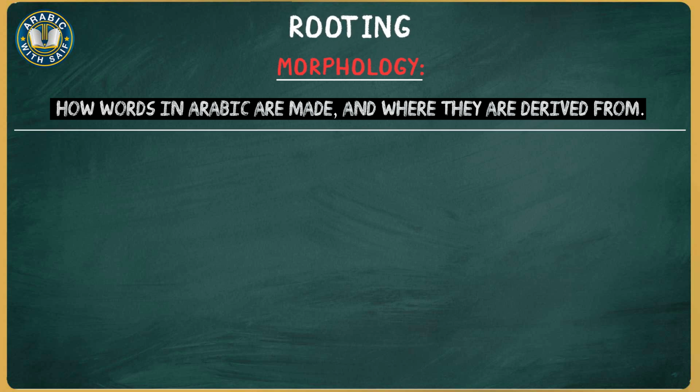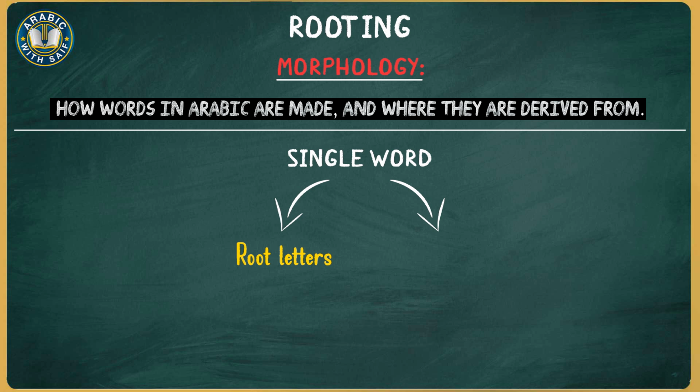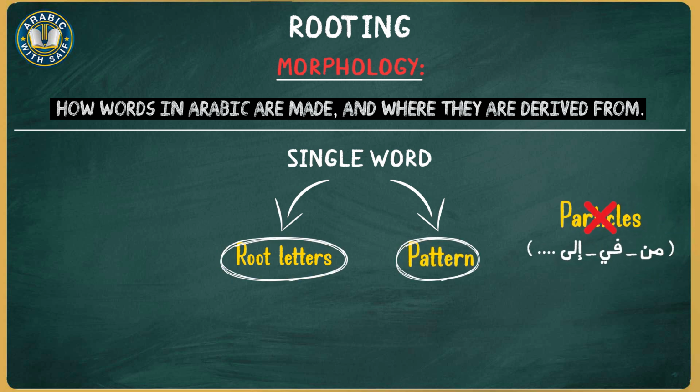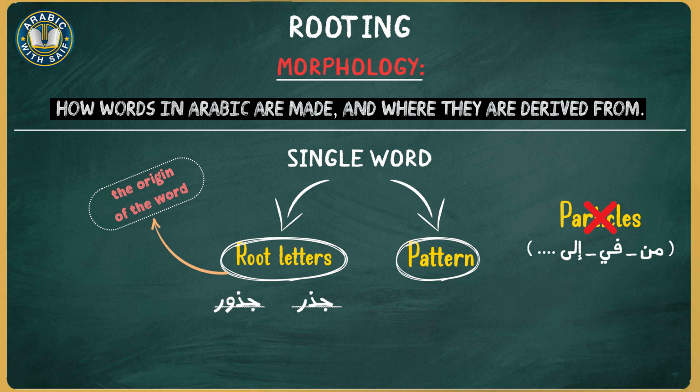In Arabic, every single word is a combination of two elements, root letters and pattern, except particles, which have no roots. The root is the basic source or the origin of the word. Root in Arabic is jidhrun and the plural is judhur.